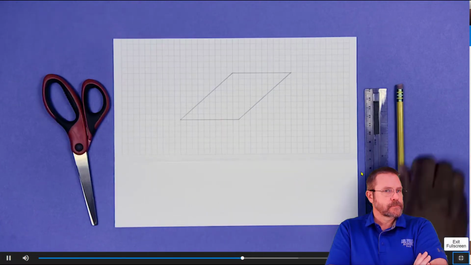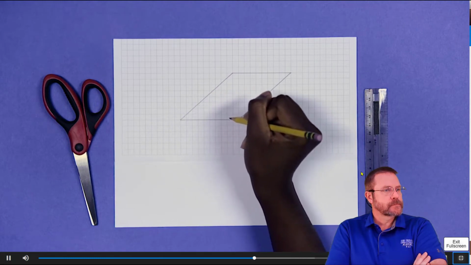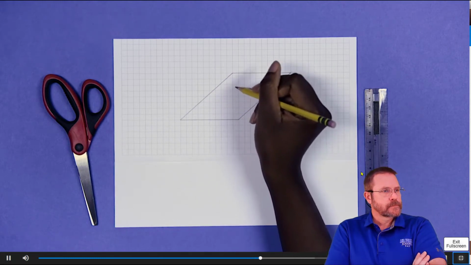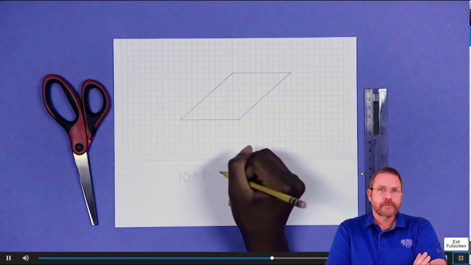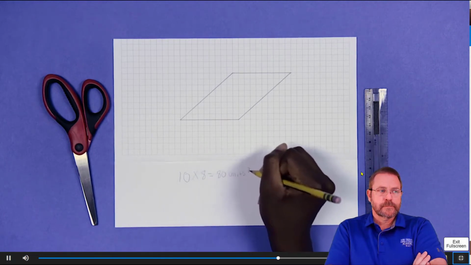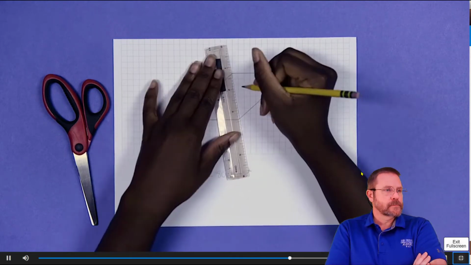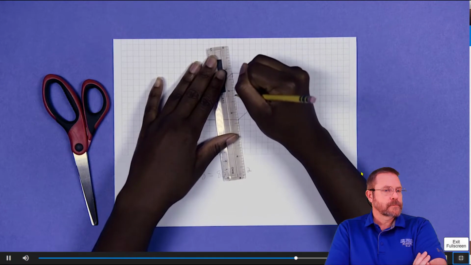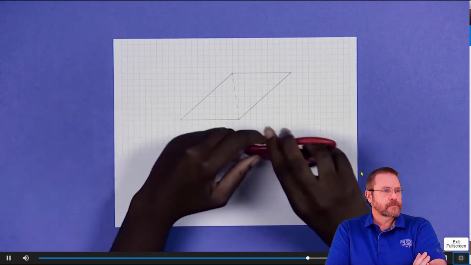Try another one. This parallelogram has a base of 10 units and a height of 8 units. So the area is 80 square units. Use a straight edge to draw a diagonal line across the parallelogram to form two congruent triangles. Cut out the parallelogram.